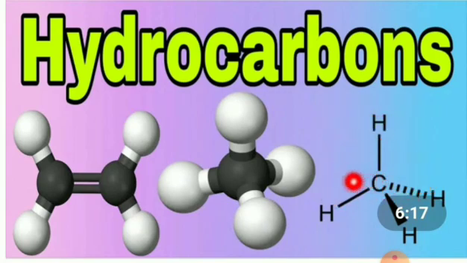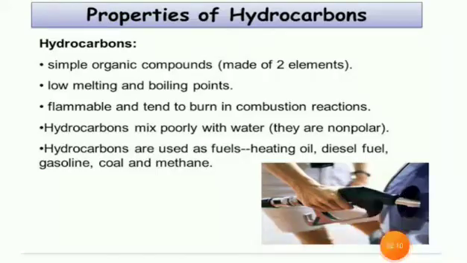CH4. Do you follow, students? So hydrocarbons act as gases like methane, propane, etc. Hydrocarbons are used as fuels like heating oil, diesel fuel, gasoline, coal and methane. Do you understand, students? Okay, students.